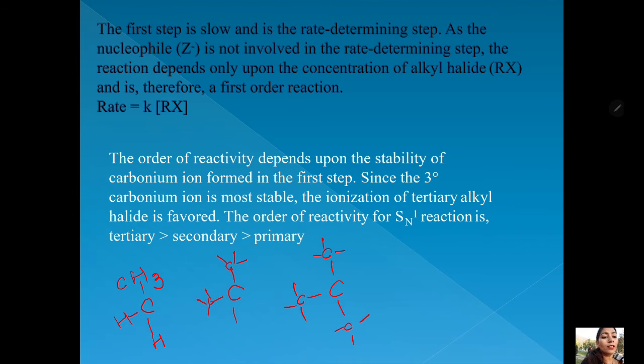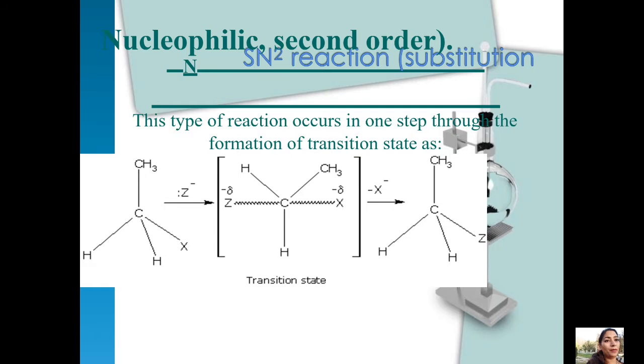What will be the relation among these halides? The order of reactivity depends on the stability of the carbonium ion formed in the first step. Since a 3-degree carbonium ion is most stable, the ionization of tertiary alkyl halide is favored. Why? Because of steric hindrance, the size of the attacking agent is quite big. The order of reactivity for the SN1 reaction is tertiary, secondary and primary.